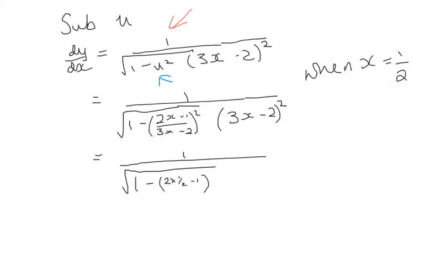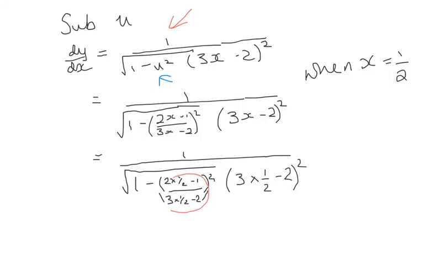That numerator inside the bracket is 0. Then 3 times a half subtract 2 all squared. So this whole bracket that I've completed is actually equal to 0, so it simplifies.